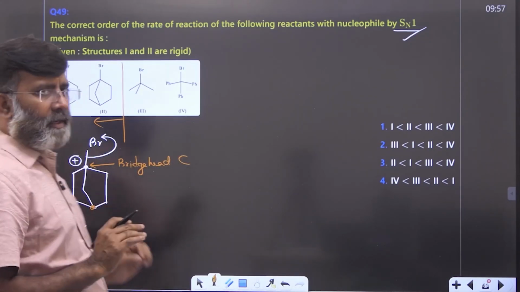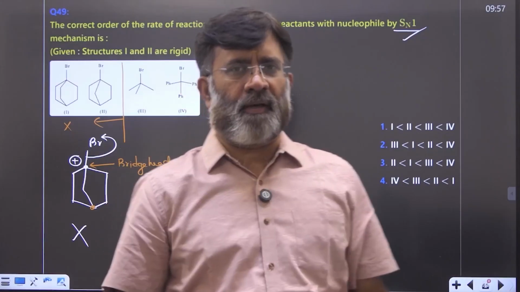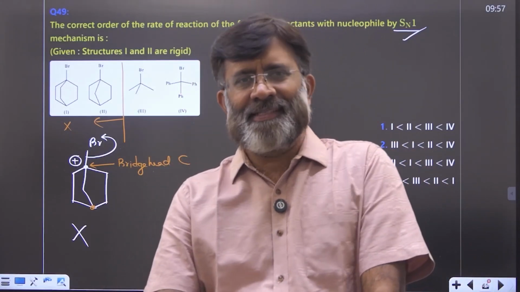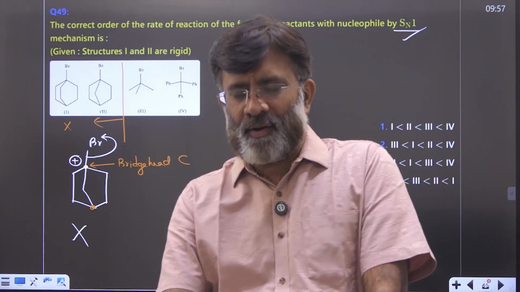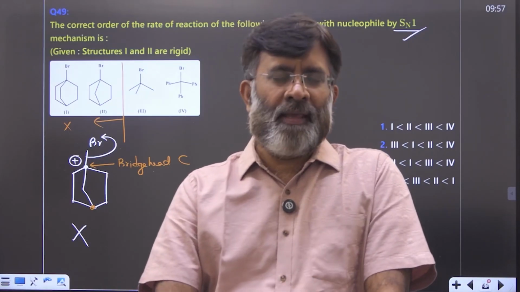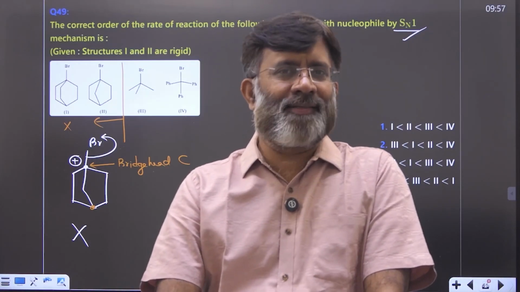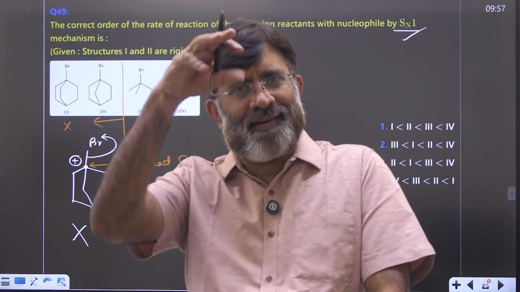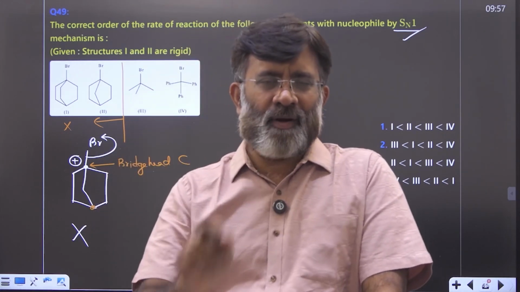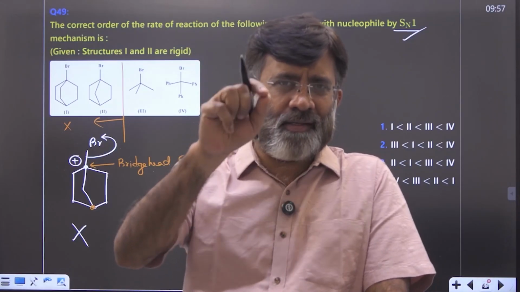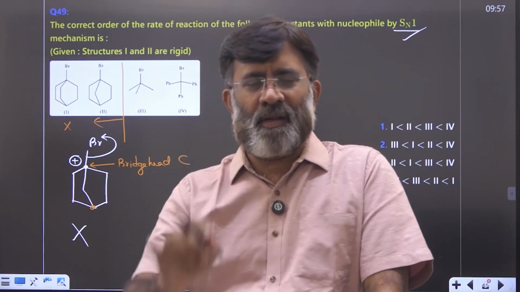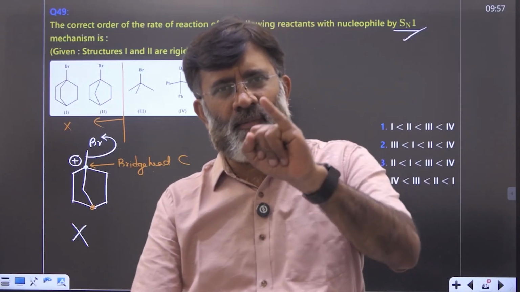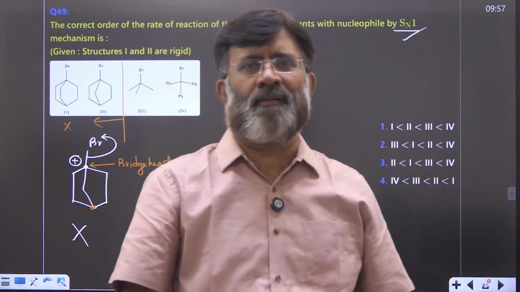In a bridgehead carbon, any sort of planarity is not appreciated. It is not appreciating a double bond in that region, a positive charge in that region, or a free radical in that region, because on forming a carbocation, it becomes planar.